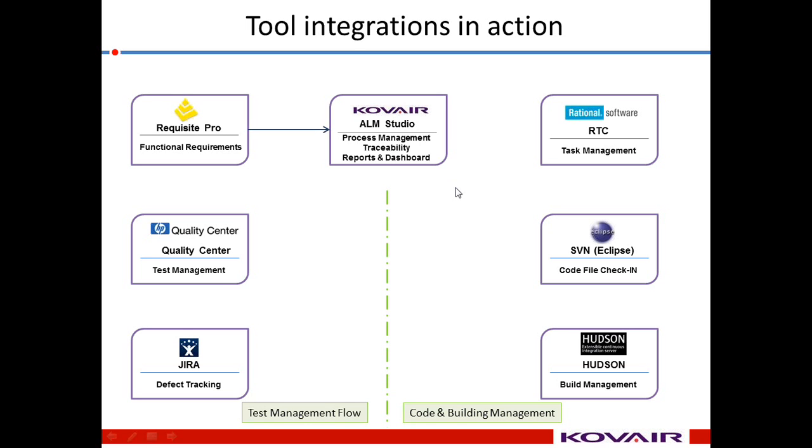Once the functional requirement is saved, let me take you back to the diagram. What happens? The functional requirement should flow into Cover. The reason being, Requisite Pro is a non-workflow based tool, and that organization probably has a review and workflow process in place, so that the requirements submitted over a period of time go through a set of tasks by the different stakeholders involved, who need to decide whether the requirement is to be approved or not.